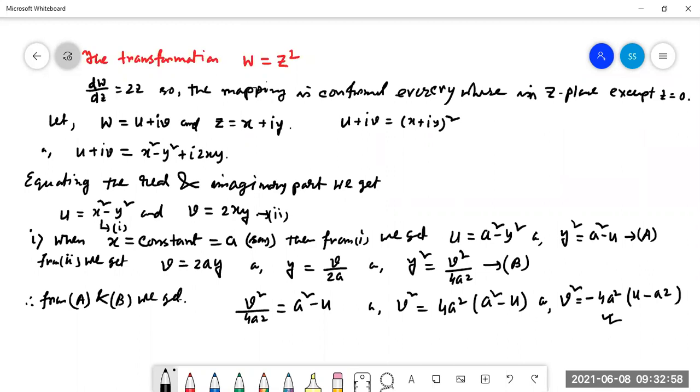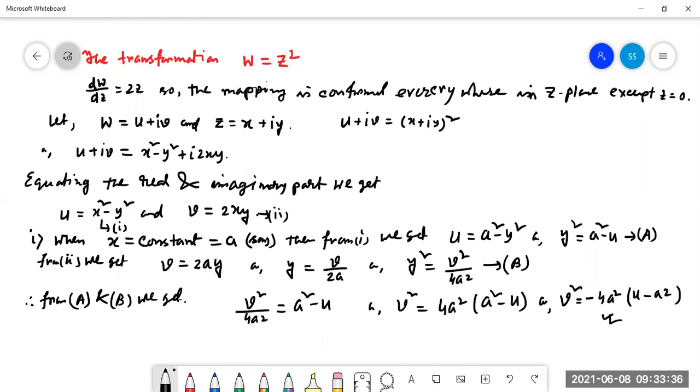That is the transformation when X equal to constant a. Now we have to go for case 2. For case 1, it is a parabola, but it is downwards, since minus 4a square is given. It is of the form Y square equal to minus 4a into (x minus alpha), so it is the downward parabola.